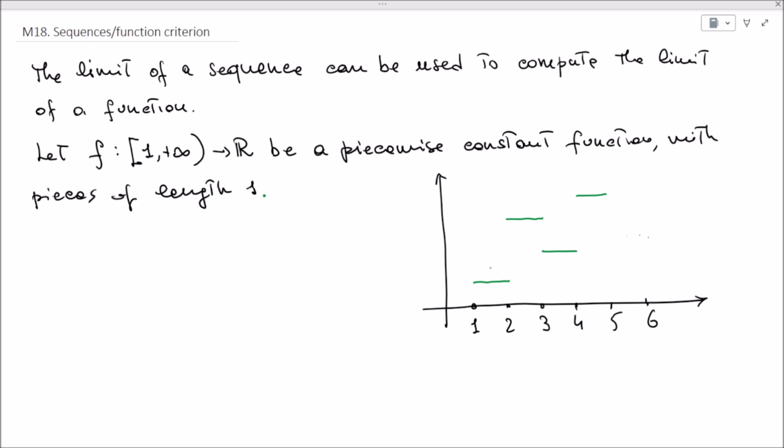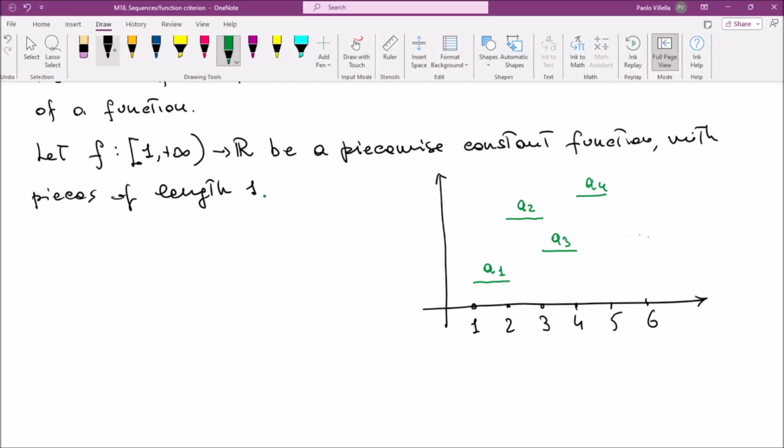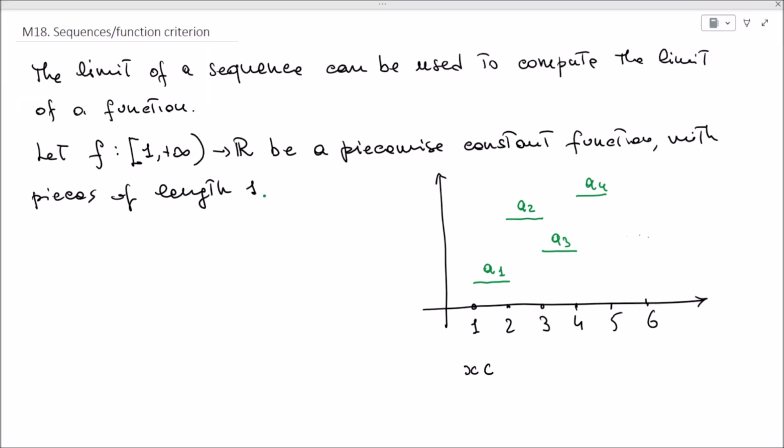Now we can think of this function as being defined by a real sequence a_n. In fact, in this interval the value that the function takes is nothing else than the first value of a sequence, a1. In the second interval it will take the value a2, in the third interval a3, in the fourth interval a4, and so on and so forth. So we are saying that if x belongs to the interval [1, 2), then f of x is a1 for each x in that interval.